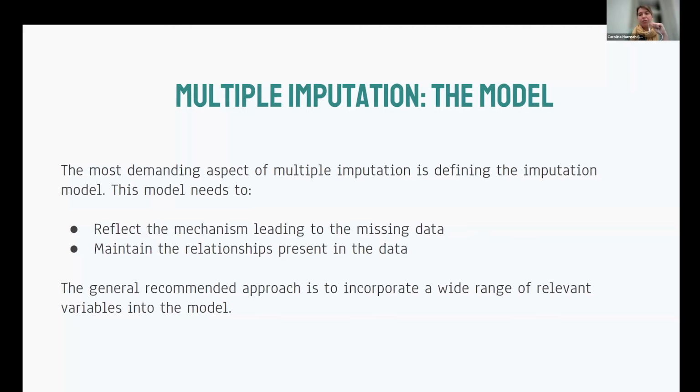Then it will break down. But fortunately, this is a case that does not occur often. Often we have good predictors of missingness of the variable we want to impute, and then we can use this approach.